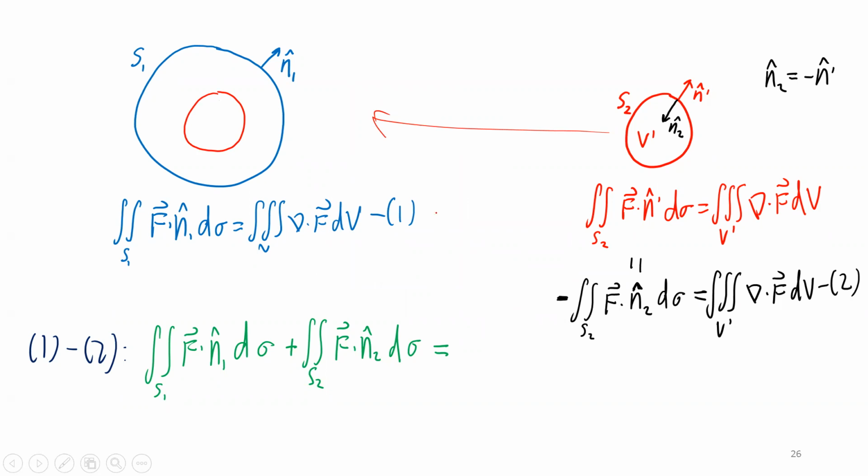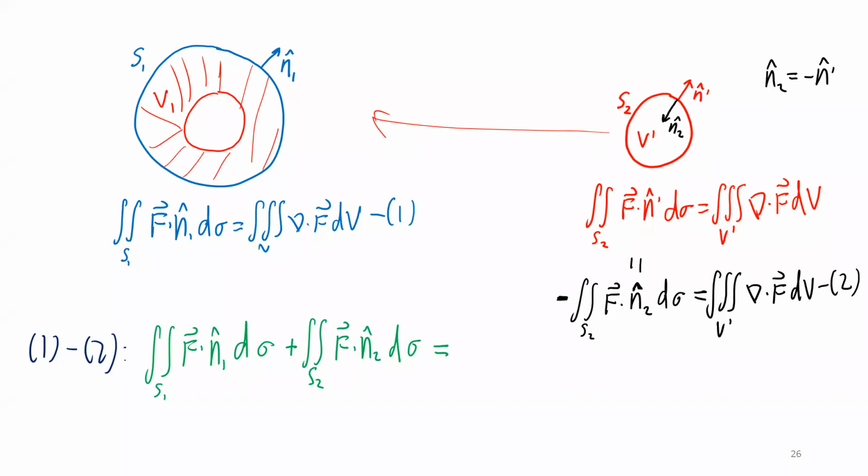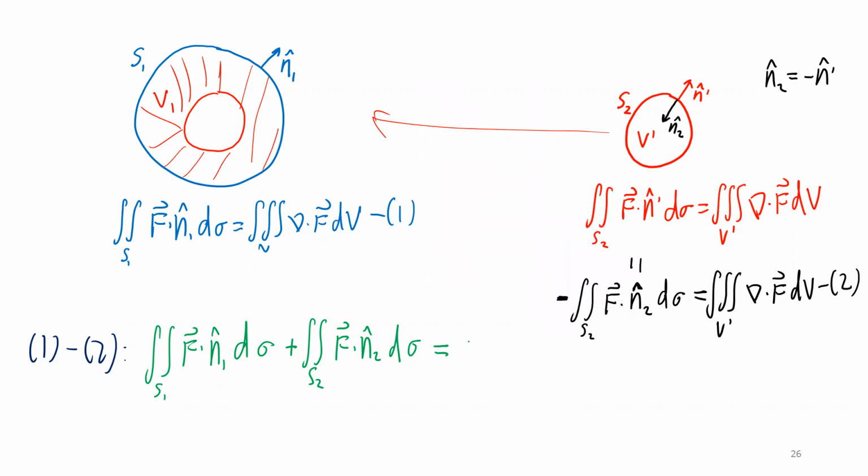So again, I call this region only V1, as I stated in the last slide. So the right-hand side is equal to the volume integral, but for V1 only, for this region only.